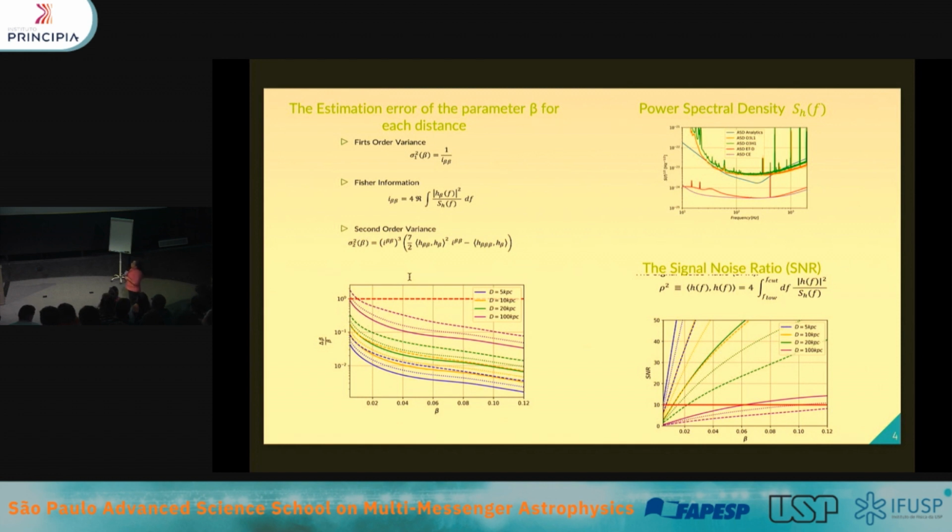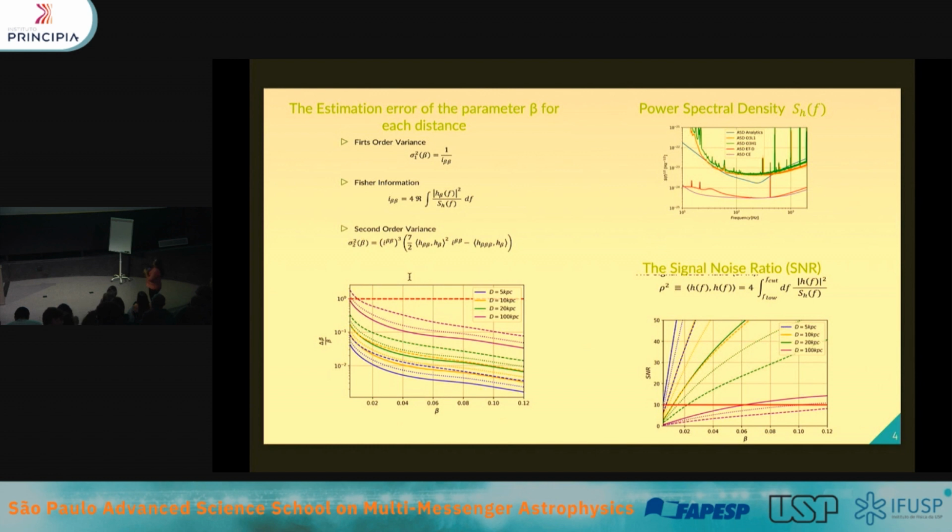So we define this area as a confidence region. When we calculate the value of beta and this value is found in this region, it's a good estimation. So this is the plot.